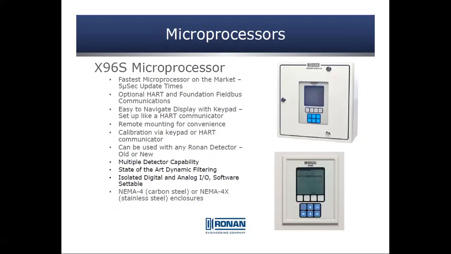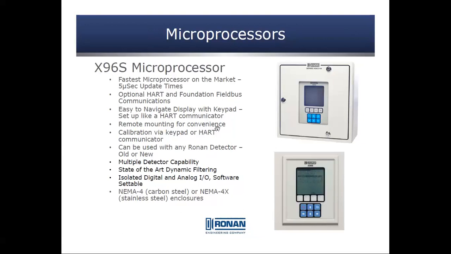The third component of a system is what we call a microprocessor transmitter. We offer 2 different styles. One is called the X96S. This is our most popular unit, and that's because it's got push buttons for calibration. It's very easy to navigate through that key panel. It looks a lot like a HART communicator.